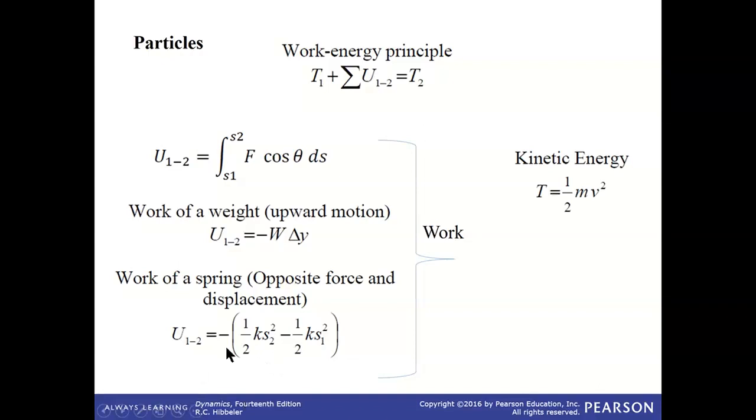If the spring force and the displacement are in the same direction, then this will be a positive number. If they are in opposite directions, then this will be a negative number. I think we have studied this in chapter 14, so this is known to you.